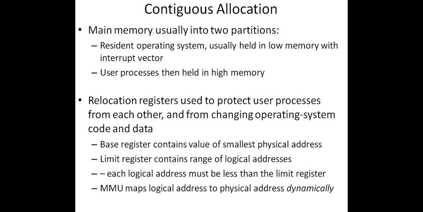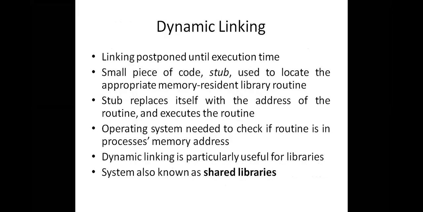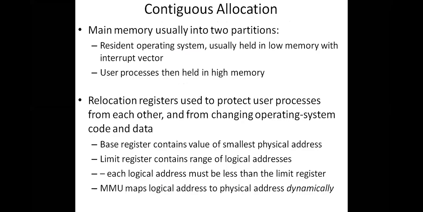The starting address of the process is available in the base register, and the range of that particular memory addresses is available in the limit register. The process should not access the memory which was allocated to some other process.